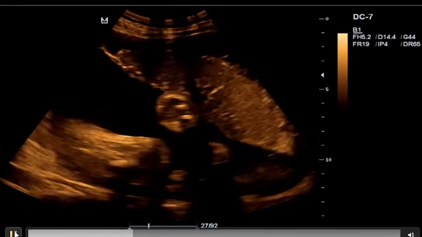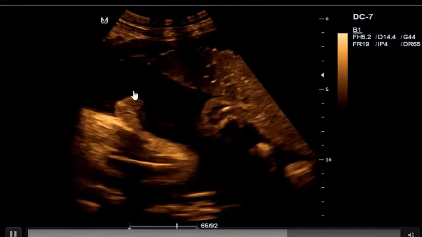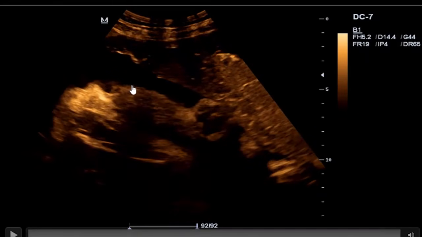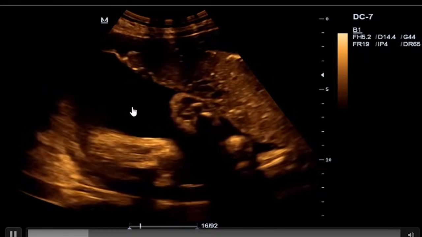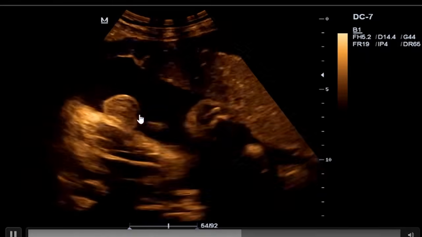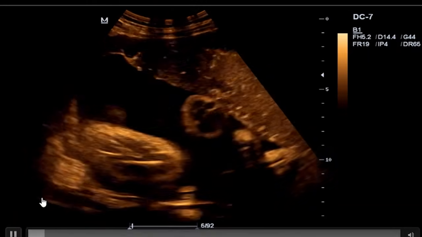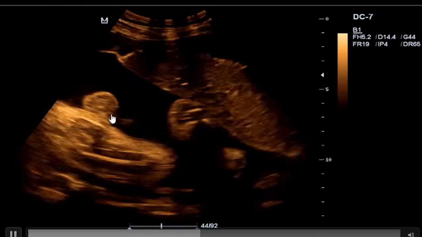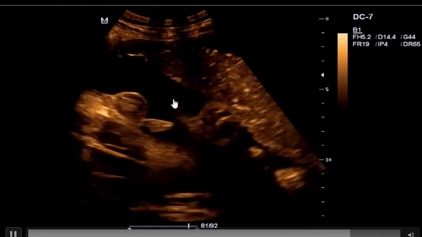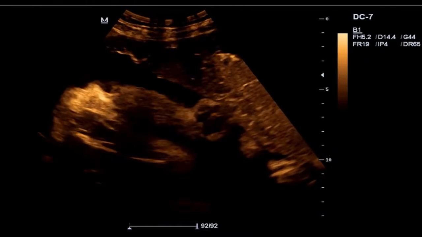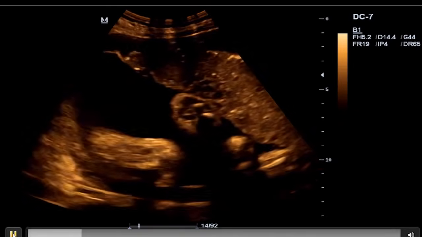Let us do it this way again. You can see the fetal sign. You can see the fetal sign here. So this is our testicles. Then at the front here, that's the penile part. So this is what we call the fetal sign.